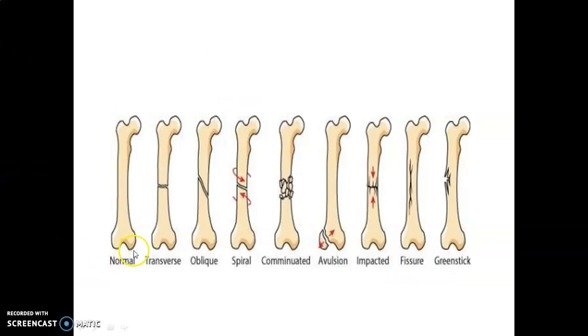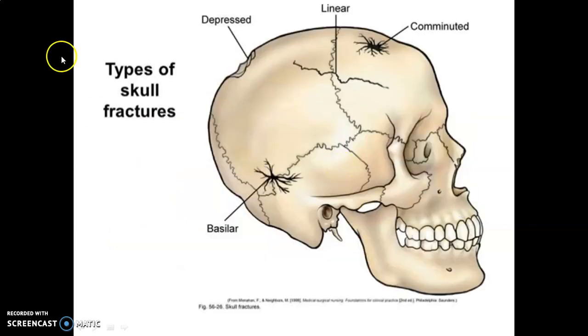This is the normal bone, then transverse, oblique, spiral, comminuted, avulsion, impacted, fissure and greenstick. Types of skull fractures are depressed, linear, comminuted and basilar.